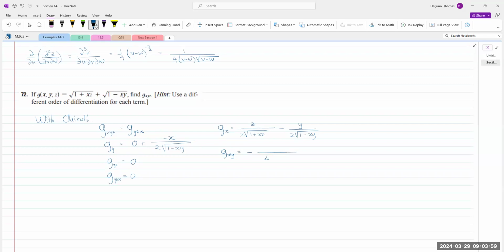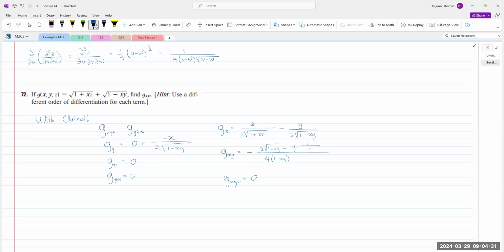So 4 times (1 minus xy), and on the top I will get 2 square root of 1 minus xy minus y times 1 over, I don't know what that is. But you see that we don't have z anymore there, so the partial derivative with respect to x, then y, then z will become 0 anyway.